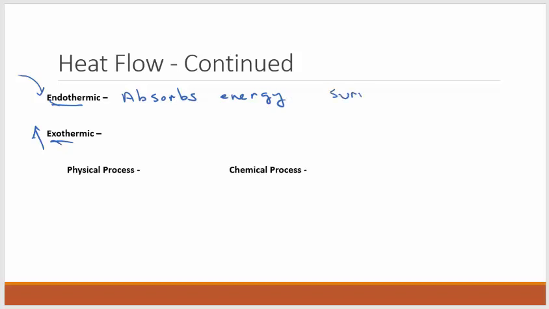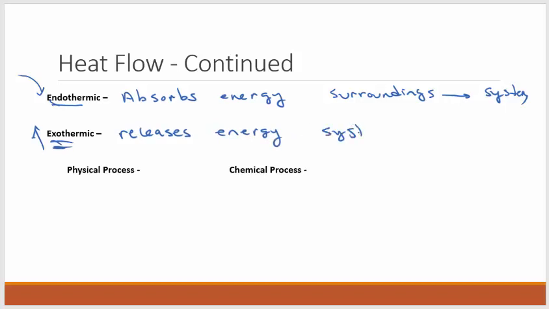The energy goes from the surroundings to the system. If something is exothermic, we say that it releases energy. So in that case, energy transfers from the system to the surroundings.